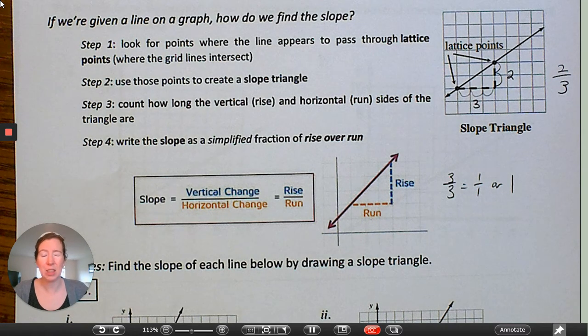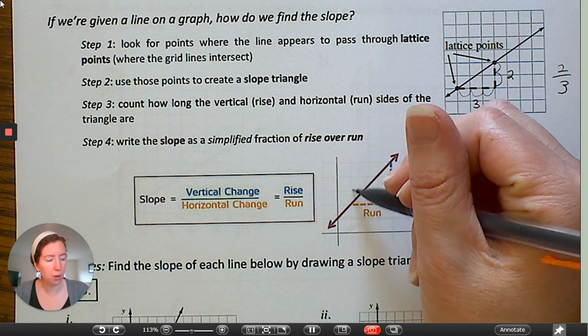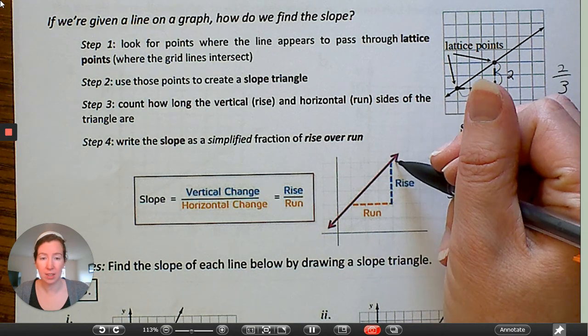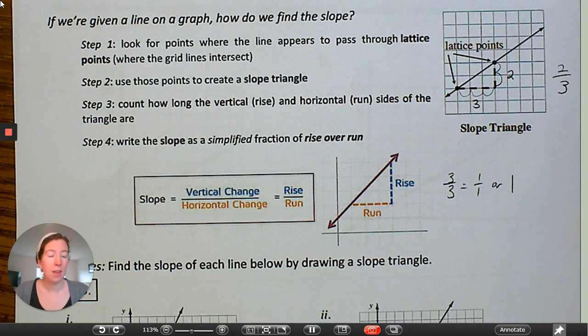It lets us see the growth, right? This is hopefully clicking with something that we did before. So it tells me how I need to go from one point to the next. If I did a decimal, it's a little trickier. Also, the same thing, we don't want to do mixed numbers. We always want to do improper fractions if it's going to be improper. Same reason, we need to see what those triangle side lengths are.